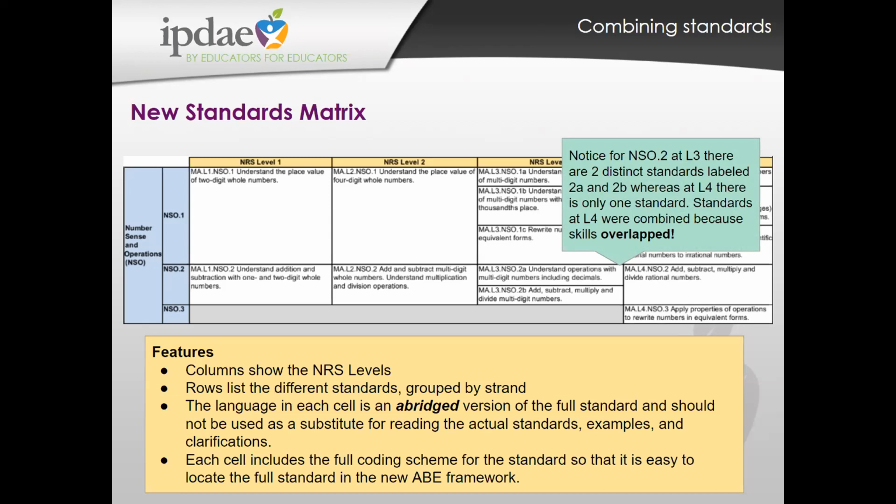That's because those skills were separate and discrete and could not really be collapsed into a single sort of umbrella standard. Contrast that with level 4, where now there's only a single standard, and that's NSO2. At level 4, those standards were actually combined because the skills overlapped.